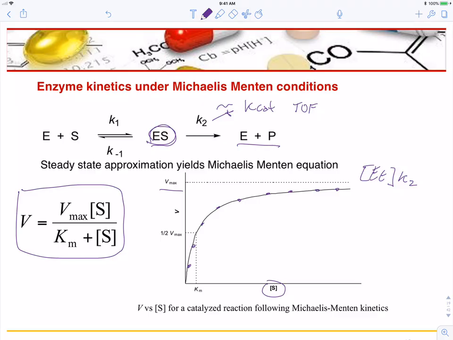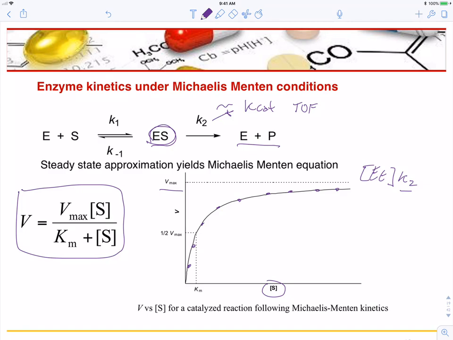It's derived from Vmax, because we know the enzyme concentration. So Vmax is equal to k2 times the concentration of the enzyme total.